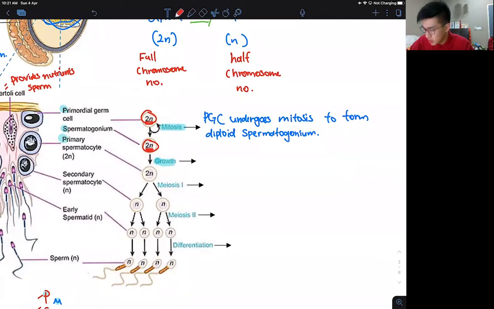You just continue. You just say your spermatogonium. Here I can ignore the word diploid because I just mentioned diploid already. So I just say spermatogonium then grows into, now I need to write the diploid again, 2N, diploid primary spermatocyte.